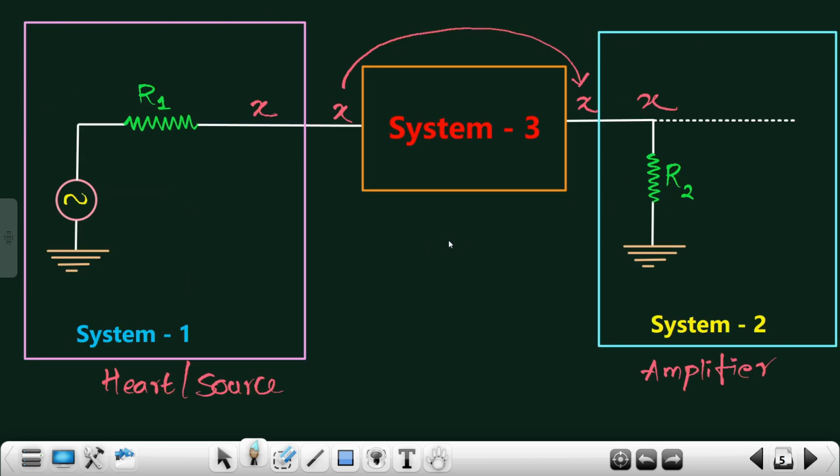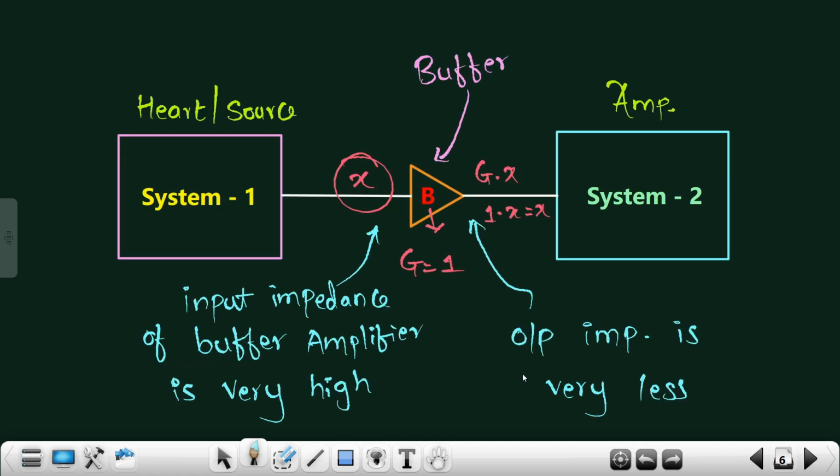This system will deliver whatever signal it gets at its input side, and this system is nothing but your buffer amplifier. So let me proceed further. As I told you, most students know that the buffer amplifier provides unity gain.